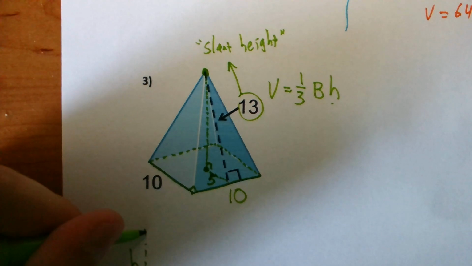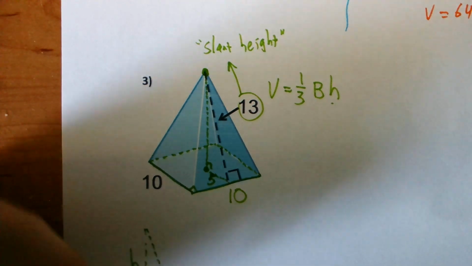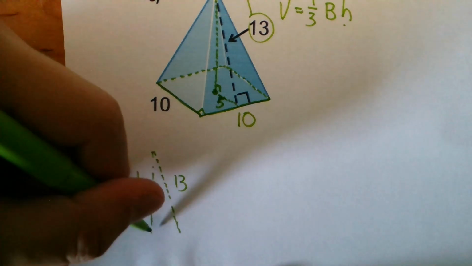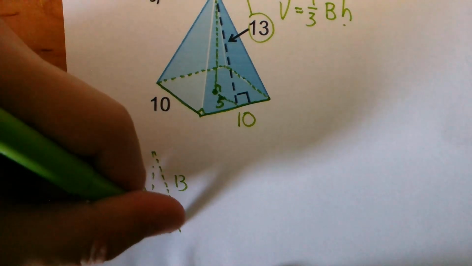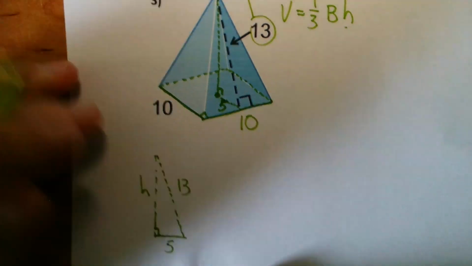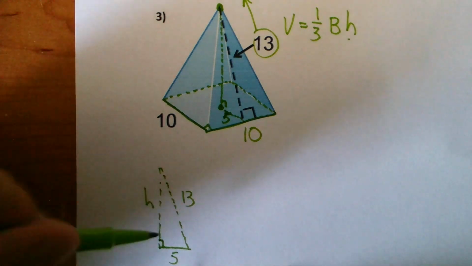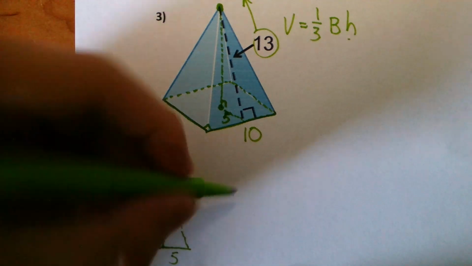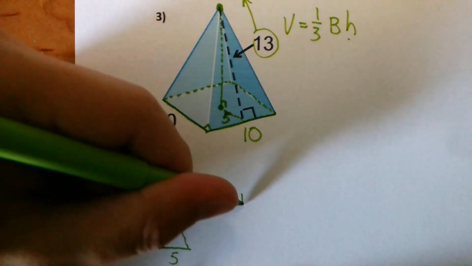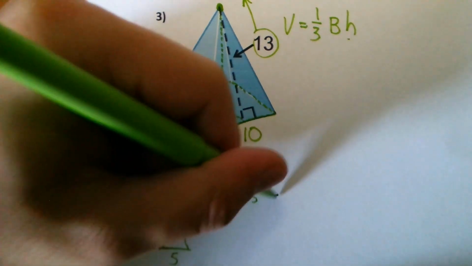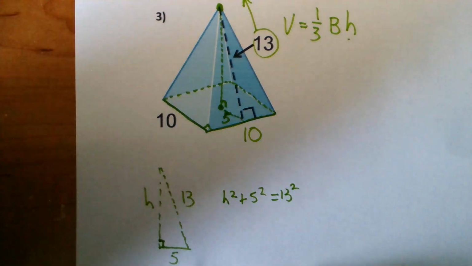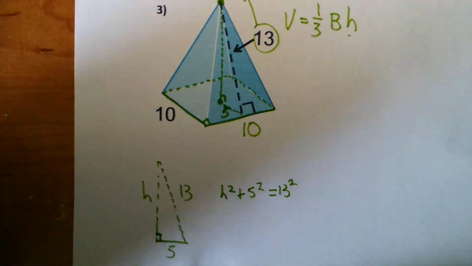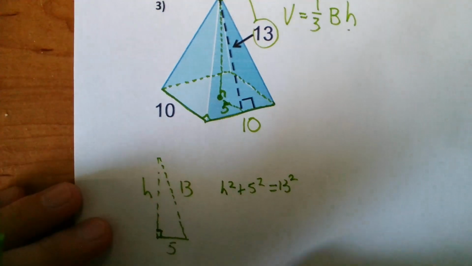That's the height. That's the slant height. Here we go. Right angle. And then that line there is a 5. And we have a right triangle, which means if I want to solve for the height, I can do this. 8 squared plus 5 squared equals 13 squared. I can use Pythagorean theorem to find my actual height of the pyramid.